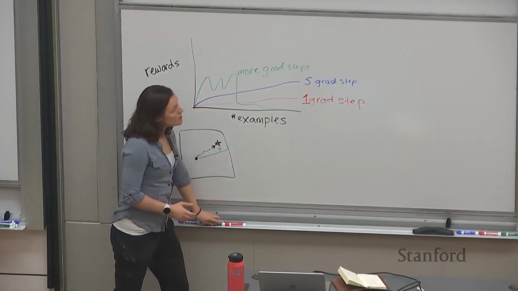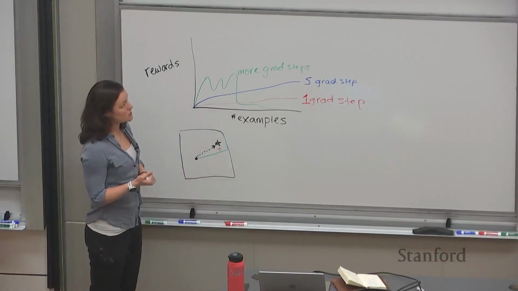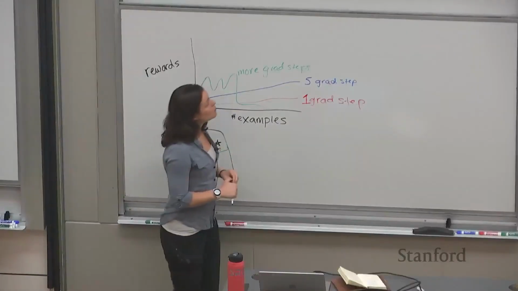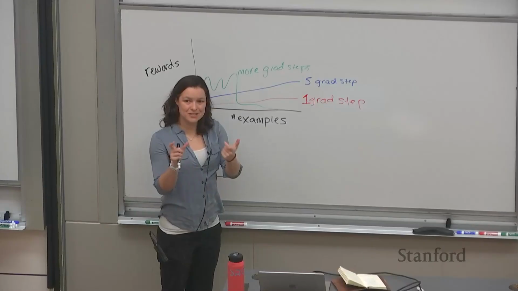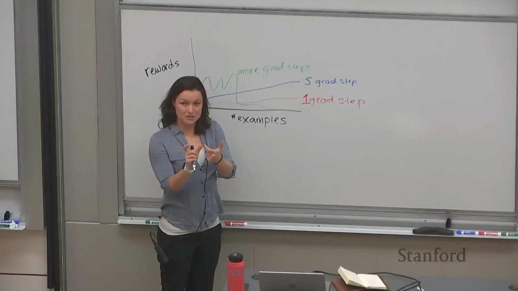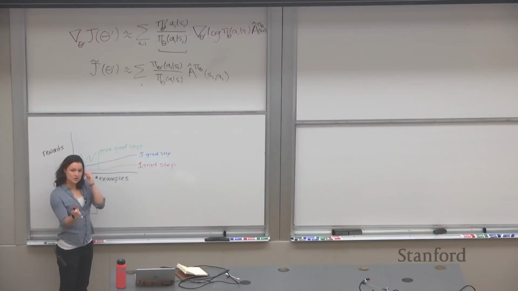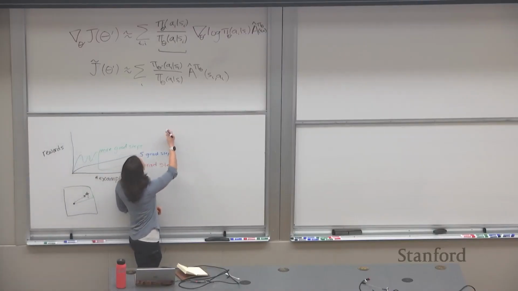And there's two ways in which we might encourage the new policy to be similar to the old one. One would be to add a term to our surrogate objective that explicitly is going to try to encourage the policies to be similar.